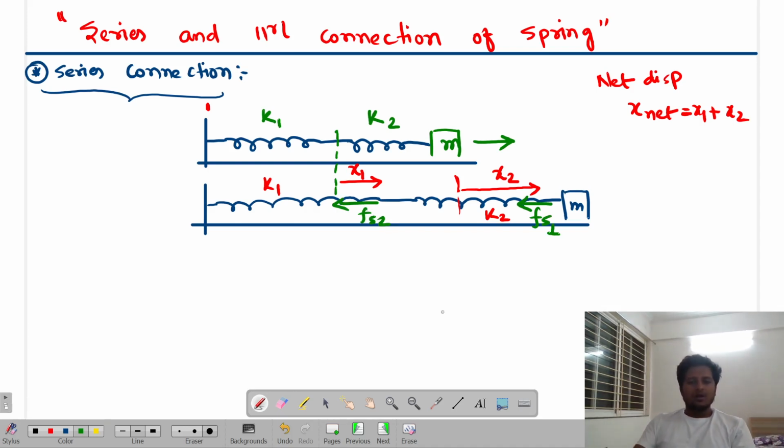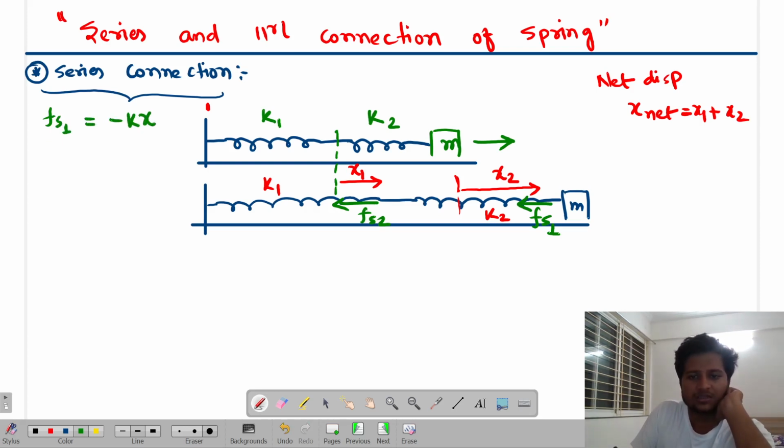Now let us try to understand what the net force is. Sorry, let me take the same variable; that will be much better, otherwise we'll be stuck in a dilemma.